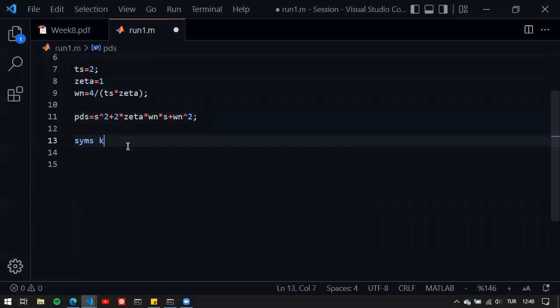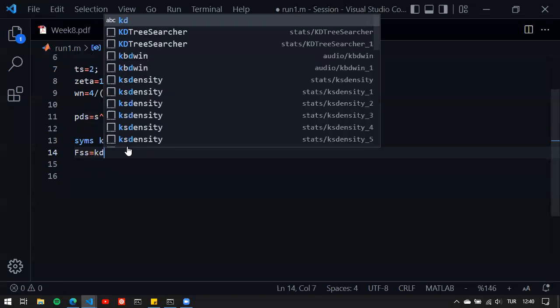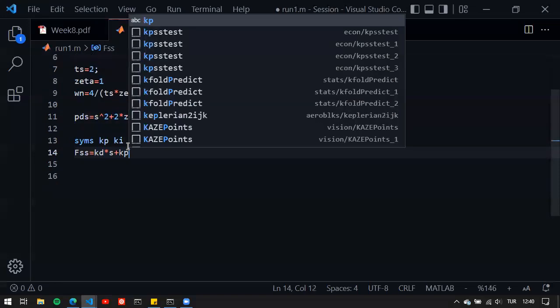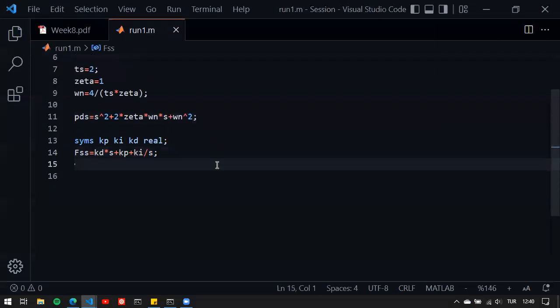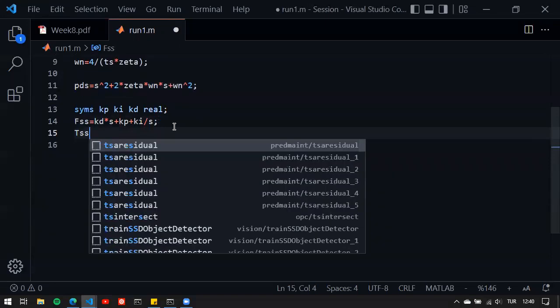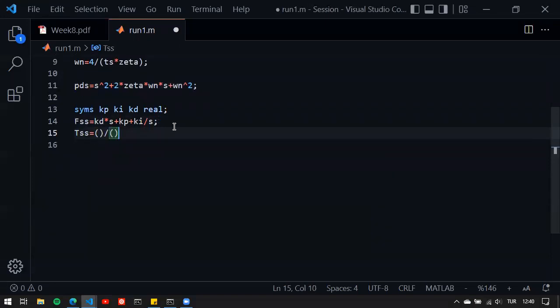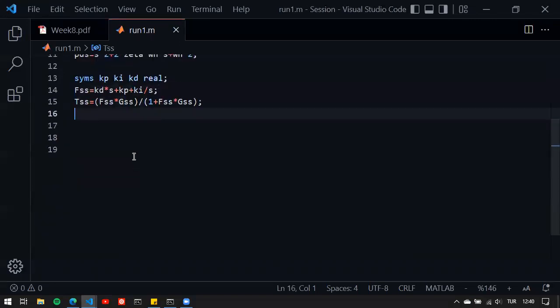So let's define our PID parameters, Kp, Ki, and Kd, and also our controller: Kd times s plus Kp plus Ki divided by s. You can also write it as Kd s squared plus Kp s plus Ki, divided by s. It's basically the same. Then we have the closed loop, F(s) times G(s) divided by 1 plus F(s) times G(s).